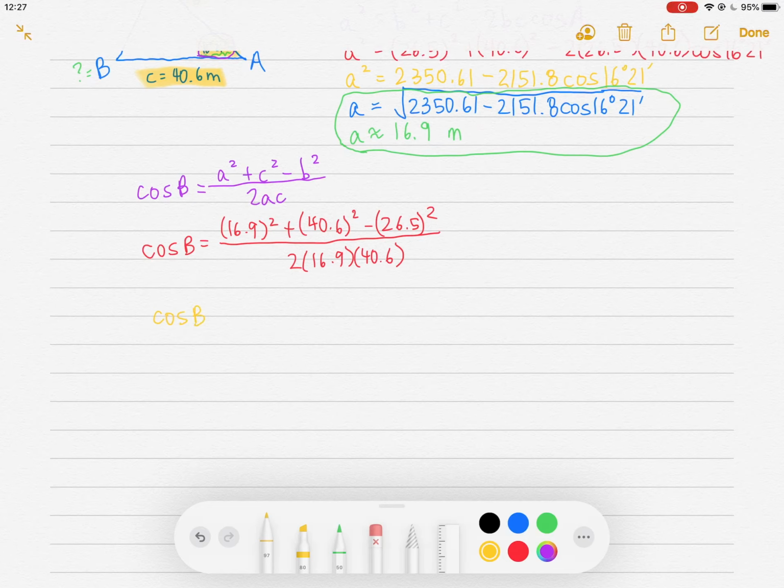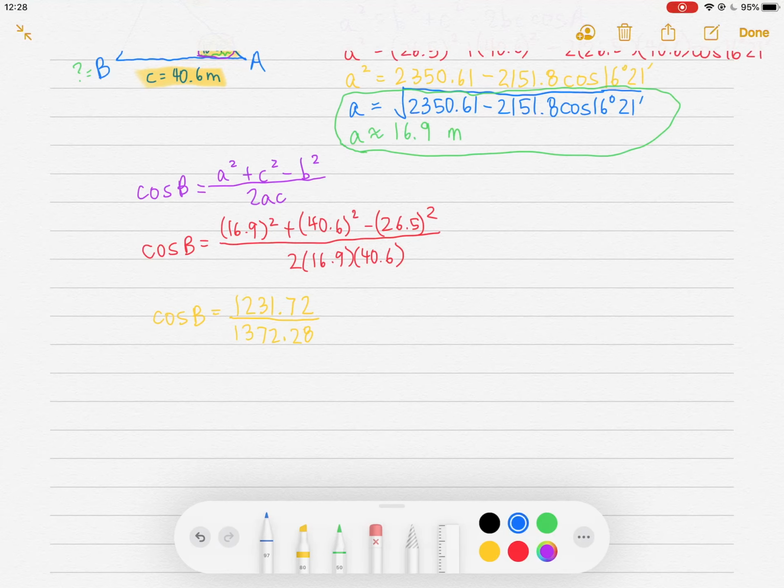So cosine of big B is equal to 1231.72 divided by, then we're doing 2 times 16.9 times 40.6, and that is 1372.28.